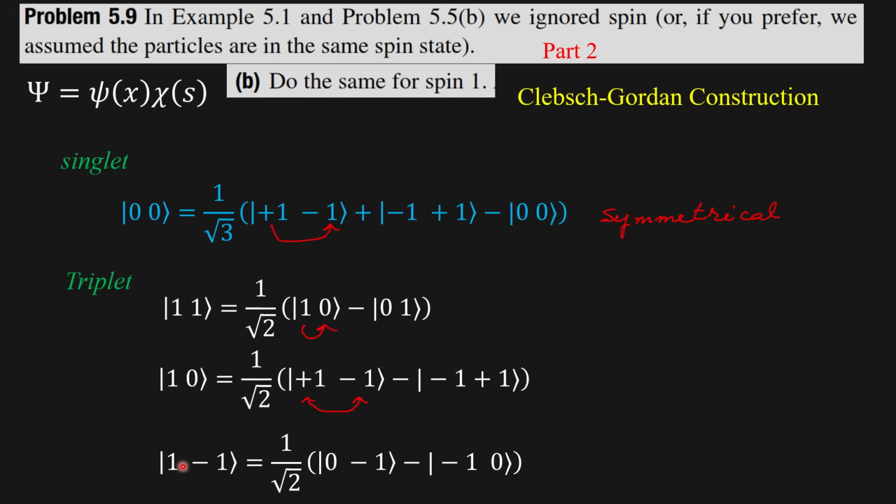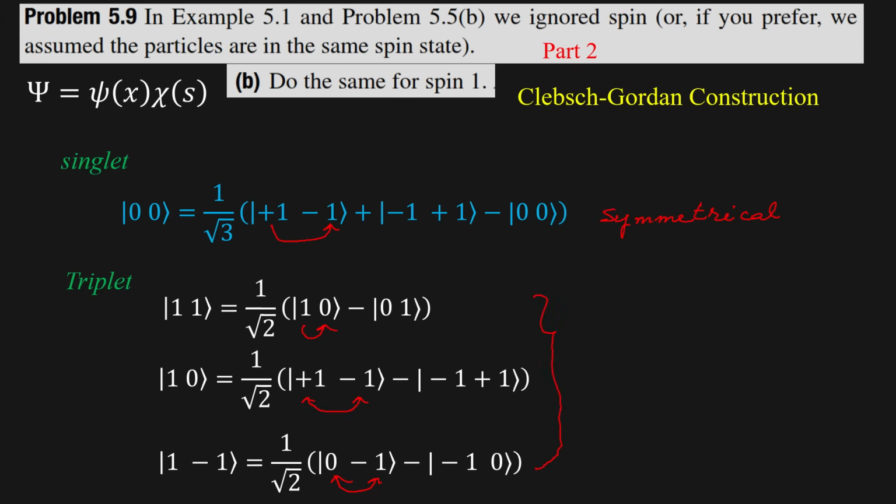Then what about 1 minus 1? Then it will be 1 over square root 2 times 0 minus 1, minus minus 1 0. If you swap the particles, then naturally you will get a negative sign. So all three are anti-symmetric.